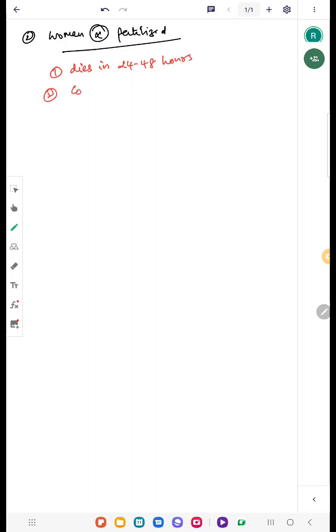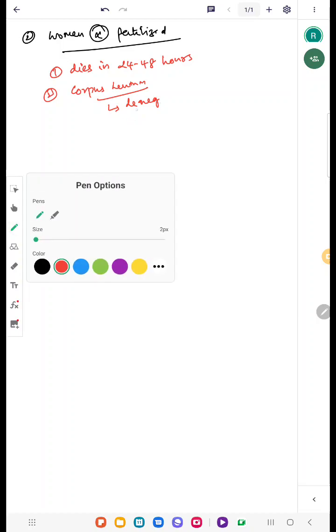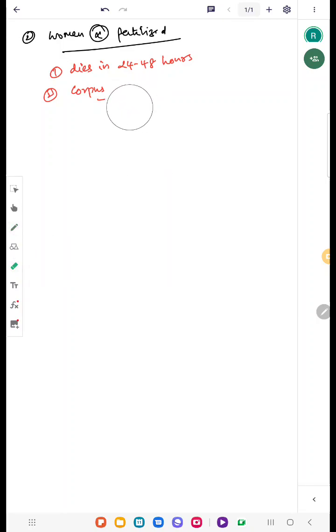So this corpus luteum degenerates at the 9th or 10th day. The complete degeneration happens at the 14th to 15th day.